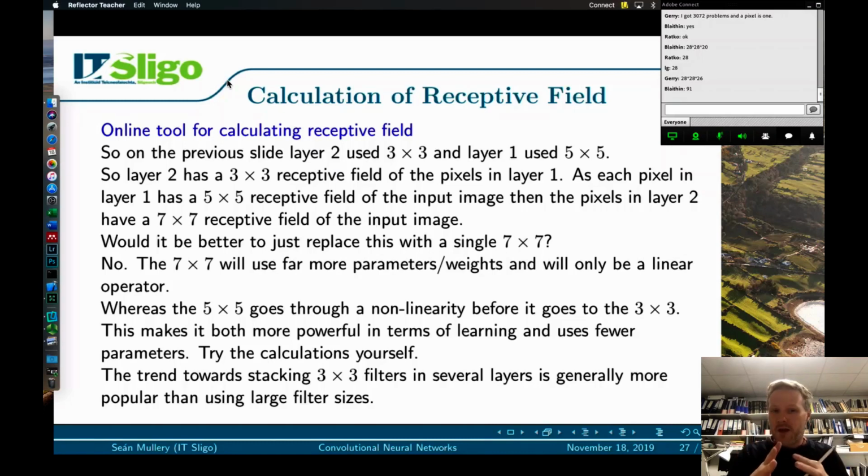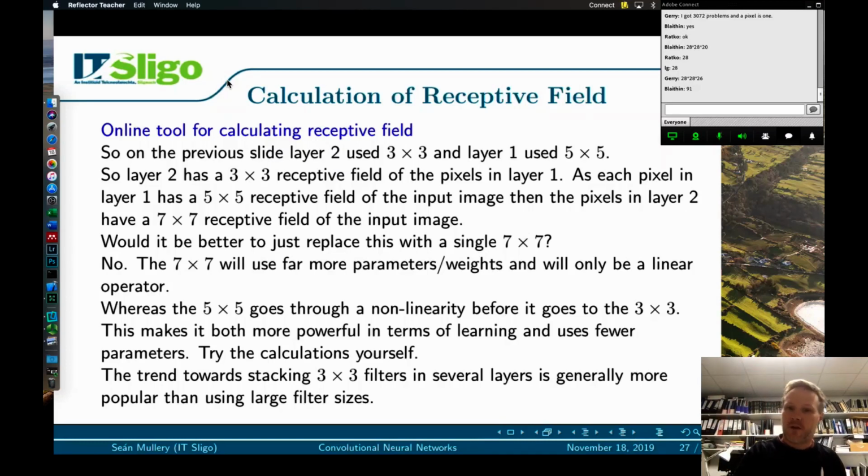So there is a trend, and you'll see this. There's a very famous network called the VGG. I'll talk about it, I think, next week. It used the idea of just having all 3x3 filter sizes in each of the different layers, keeping the network in terms of its architecture as simple as possible. By stacking lots of these layers, you got wider by 2 pixels per layer, basically 1 pixel on each side, as you went up through the network.